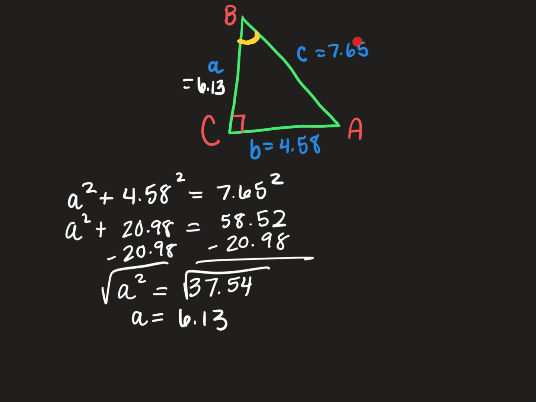Opposite. What is C? So what trig? Sine, right? So the sine of angle B is equal to the opposite side, which is 4.58, over the hypotenuse, which is 7.65.